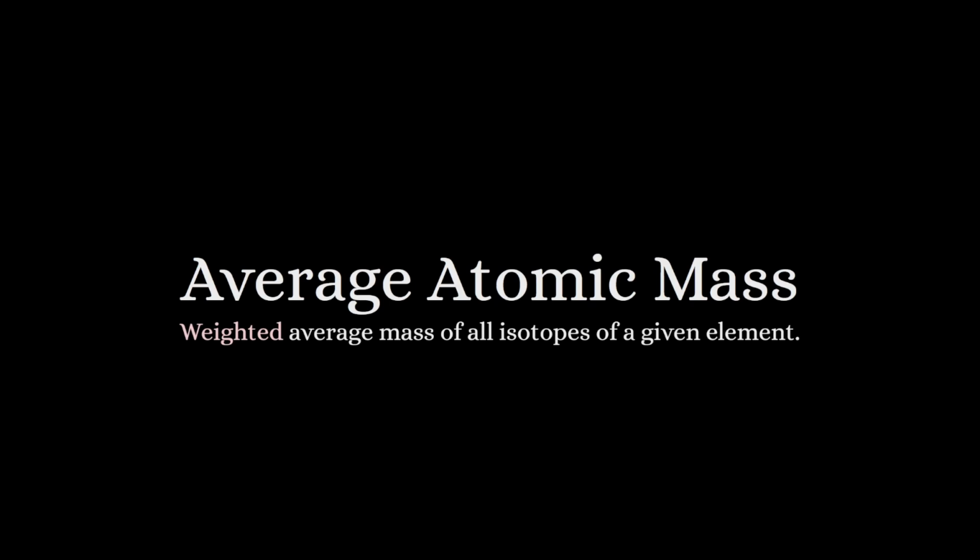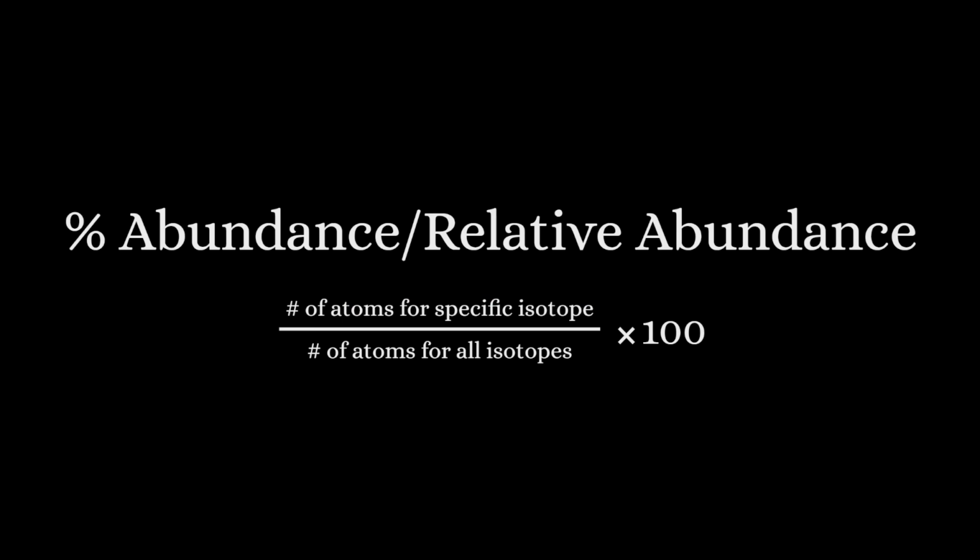How are we going to do that? Using what we call relative abundance, or percent abundance, which is a percent showcasing how much of a specific isotope exists in all types of isotopes of an element. And I just have to take the number of atoms for a specific isotope, divide it by the number of atoms of all the isotopes, and multiply that by 100 to get the percent.